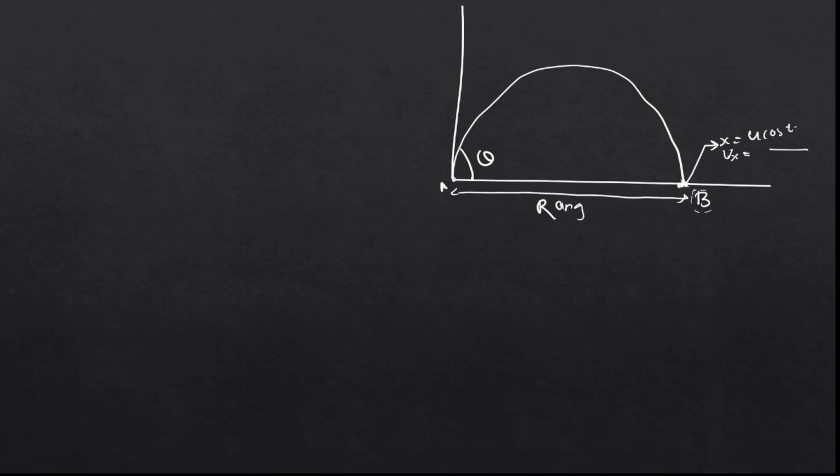And its y component would be 0, because at this particular time at B its y component is 0 and it has already traveled this whole trajectory.